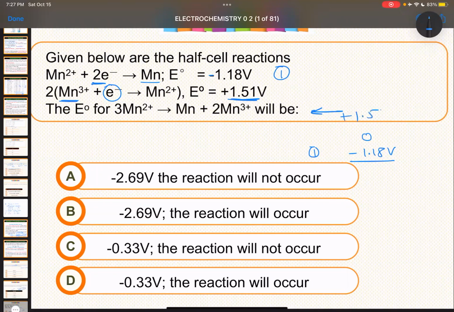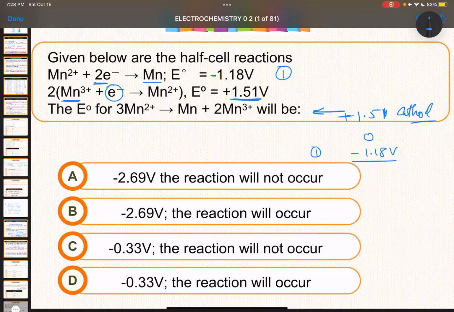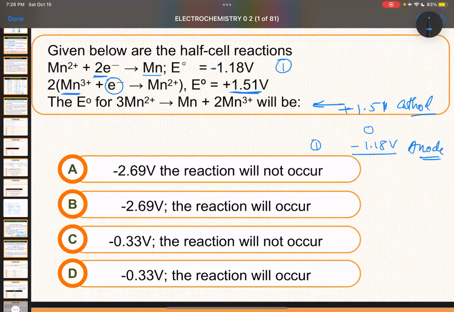This is larger than 0. Is it clear? Yes. So this is going to be the cathode, and this is going to be the anode, right? So there are two different things.